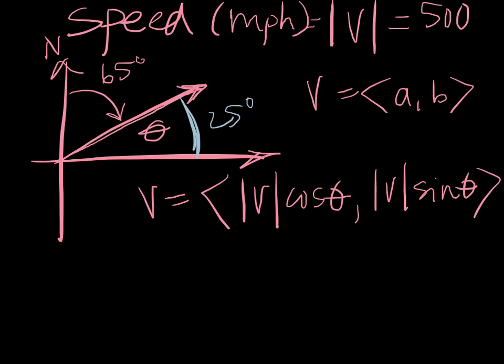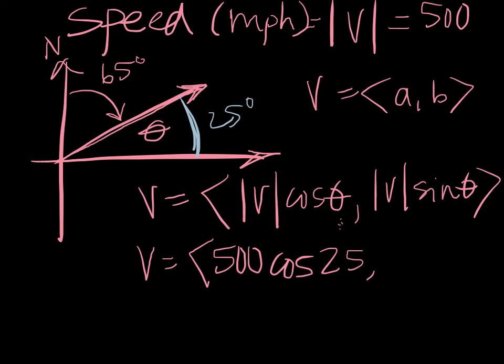Again, theta is the angle the vector makes with the x-axis. They gave me the magnitude of this vector, which was 500, times cosine of 25. And my b component is going to be 500 times sine of 25. This is kind of easy because my angle is 25 degrees.